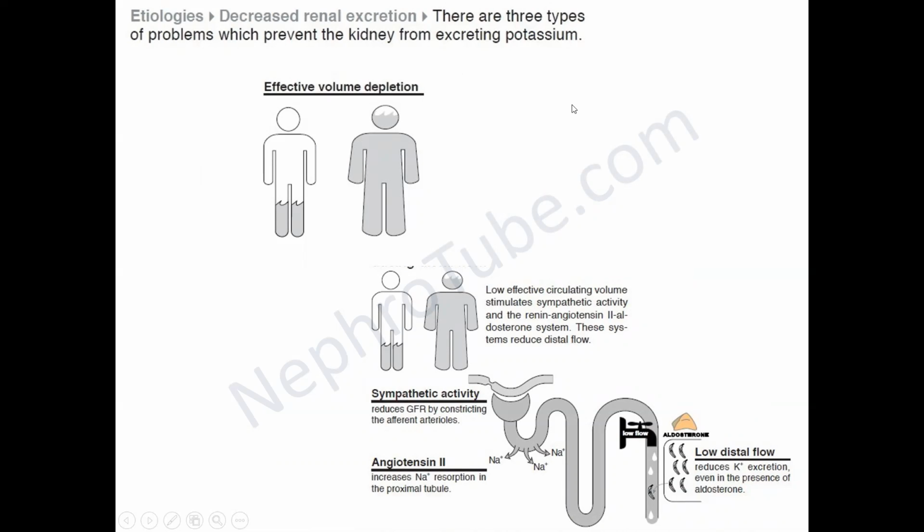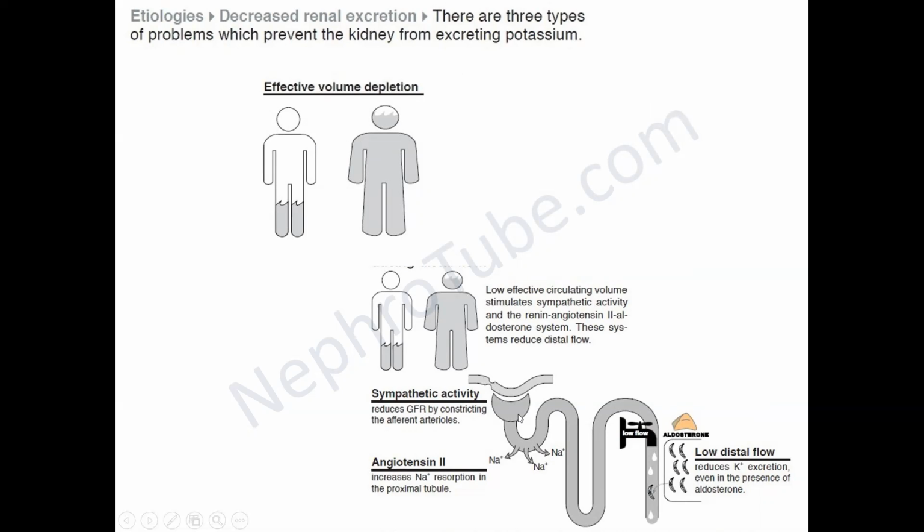In cases of stress and decreased perfusion, the body decreases the blood going to the kidney, as here the sympathetic system causes vasoconstriction of the afferent arteriole to redistribute the blood to the most vital organs, such as the brain, the muscles, etc. So if there is effective volume depletion, there will be decreased blood flow and glomerular filtration, which will cause hyperkalemia.